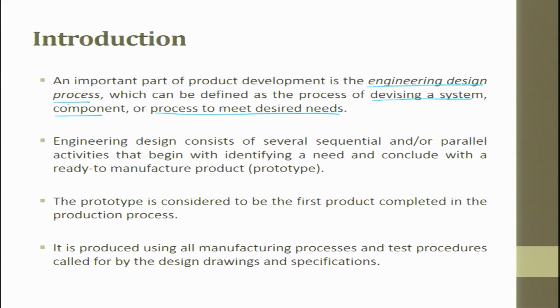Engineering design consists of several sequential or parallel activities that begin with identifying a need and conclude with a ready to manufacture product. So, here it is very clear several sequential or parallel activities can be done.